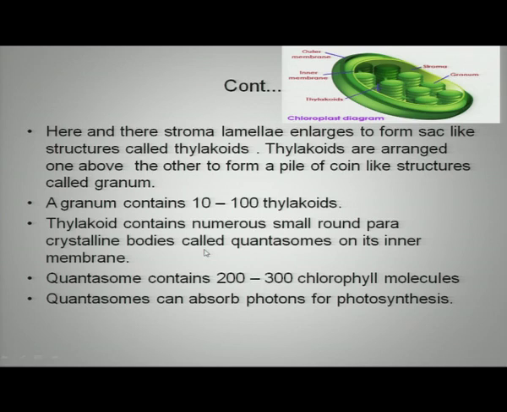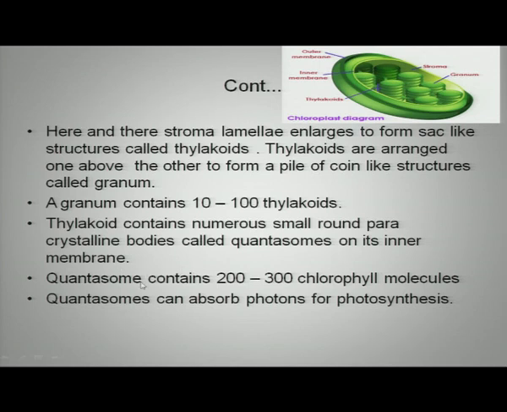And inside the thylakoid, so the unit of a granum is thylakoid, and inside that thylakoid you can see small round paracrystalline bodies. And these small round paracrystalline bodies, they are known as quantosomes on its inner membrane.